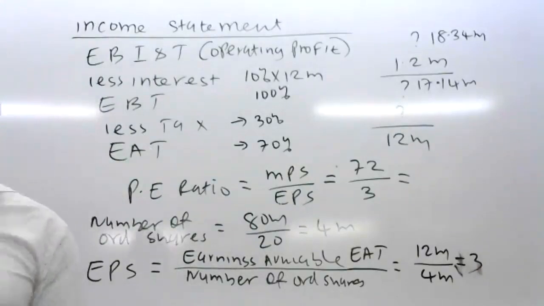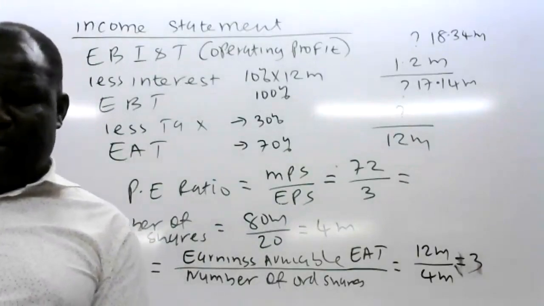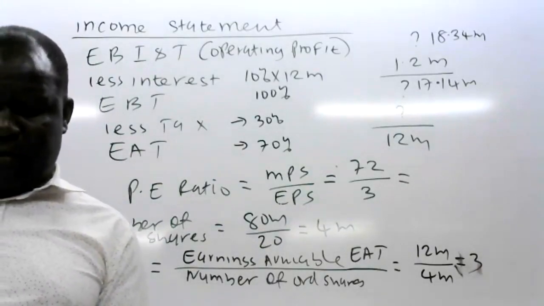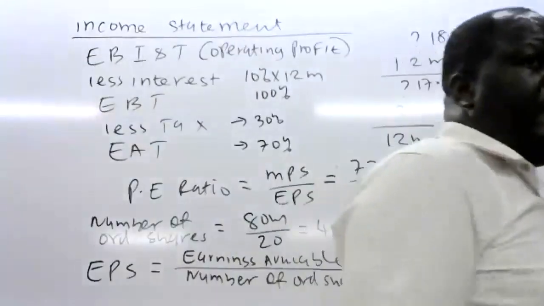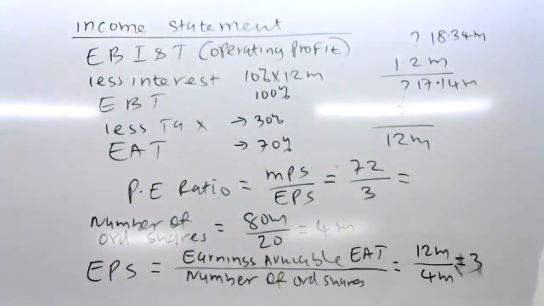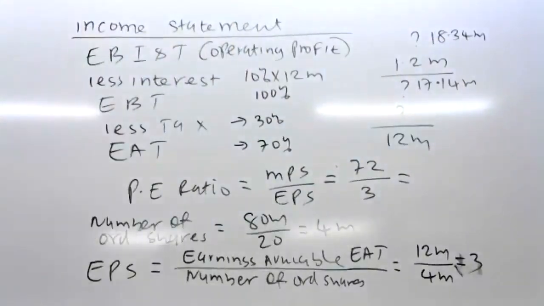So after that, when you continue with your notes, are you able to see on page 5 in your notes the one for the profitability ratios?